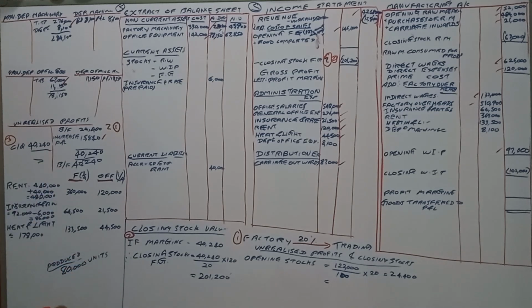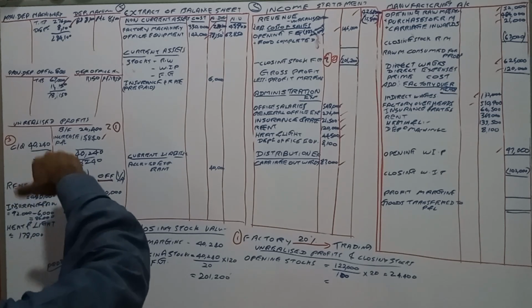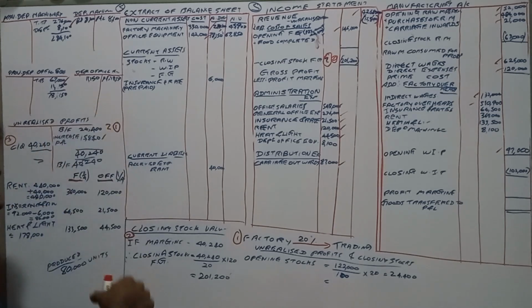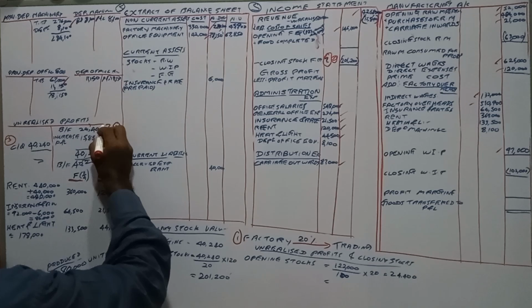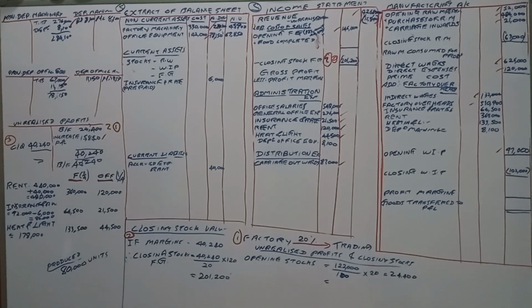Carrying value is simply balancing this amount, simply balancing the unrealized profits T account. The difference is 40,240, the unrealized profit.